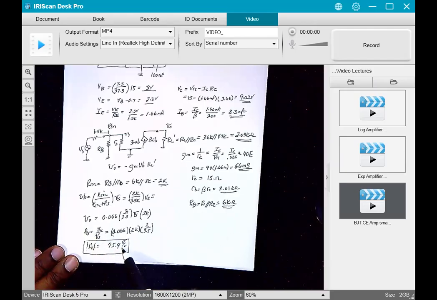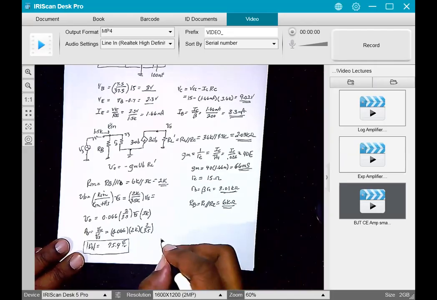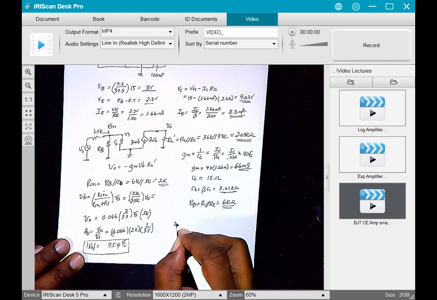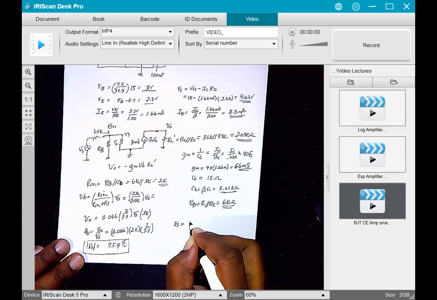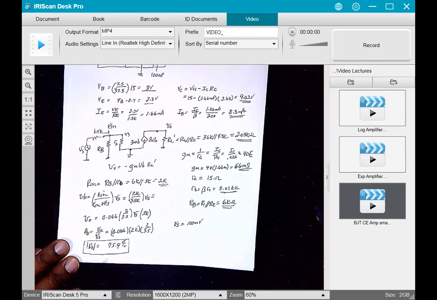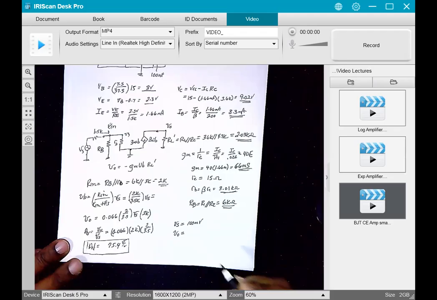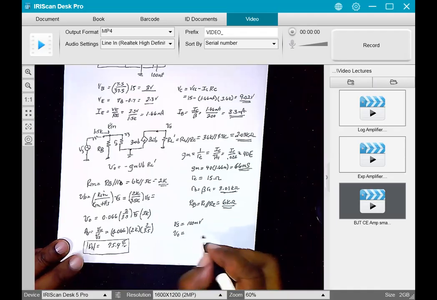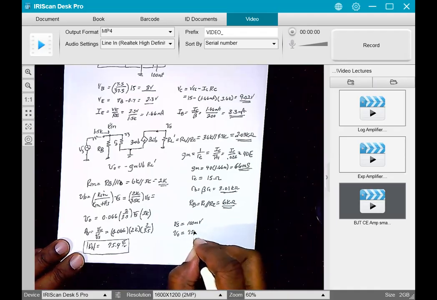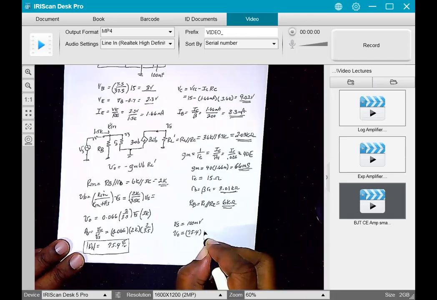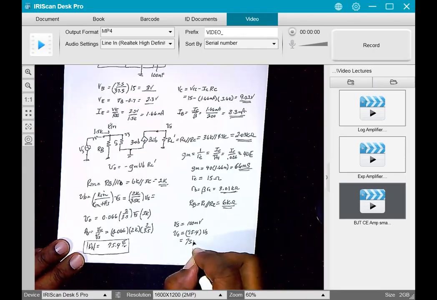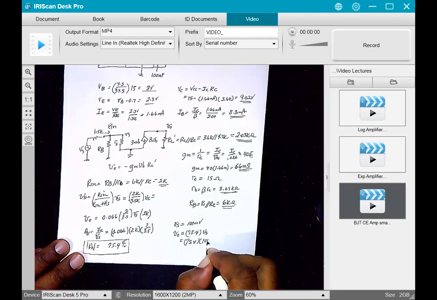So now let's say we have a signal source, VS is 100 millivolts. What is V out? V out is the gain times the VS. So the gain is 75.4 times my input VS, which is 75.4 times 100 milli.